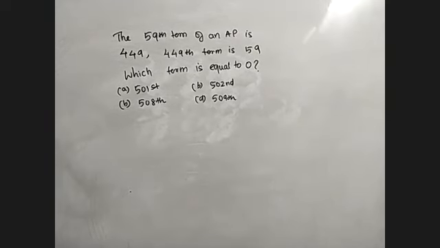You'll get d as minus 1 and a as 507. Then when you substitute for an, you'll get n equal to 508. Now write down the next question.